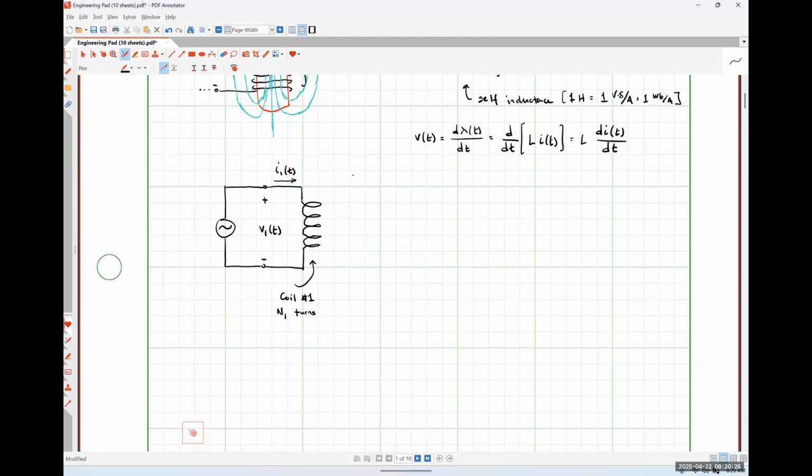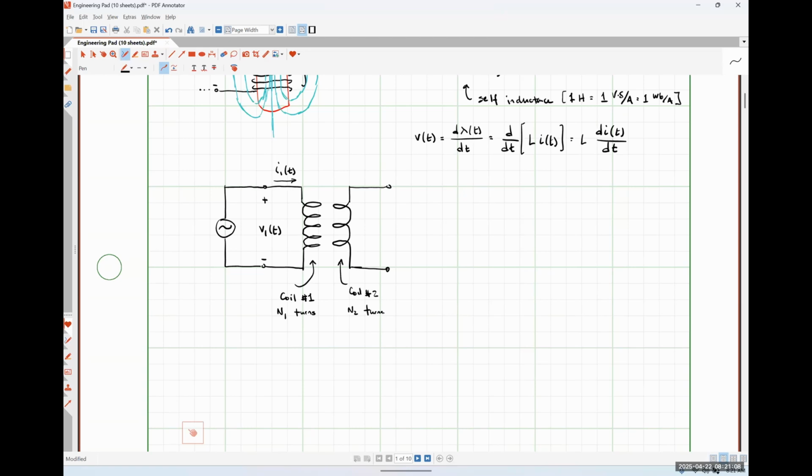Over here on the right-hand side, I'm going to draw a second coil. I am intentionally trying to depict this as if the coils have different numbers of turns. Okay. So over here on the right-hand side, we're going to have coil number 2, which will have N2 turns.